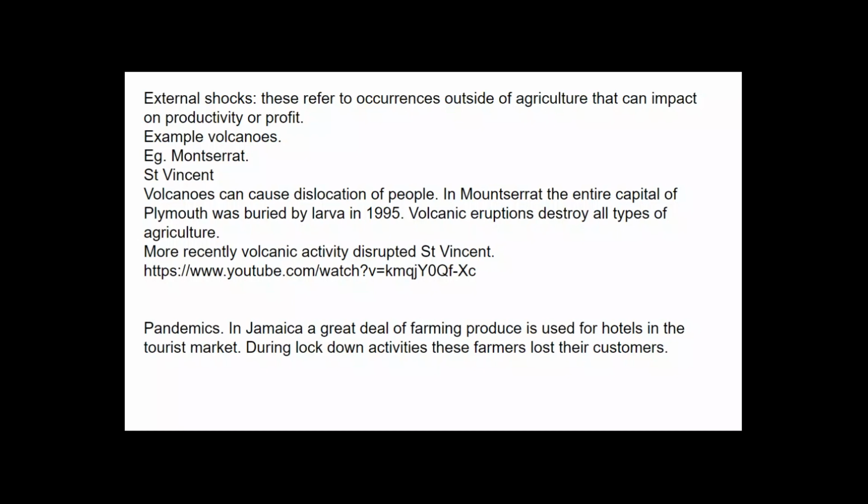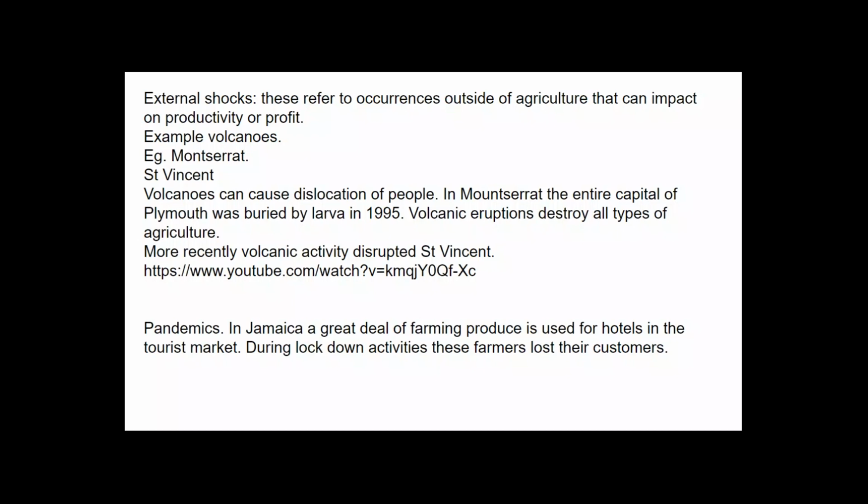Pandemics is another big external shock. In Jamaica, a great deal of farming produce is used for local hotels in the tourist market. And during lockdown activities, these farmers lost their customers.